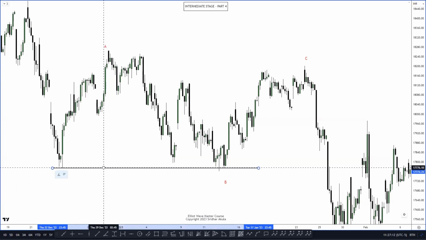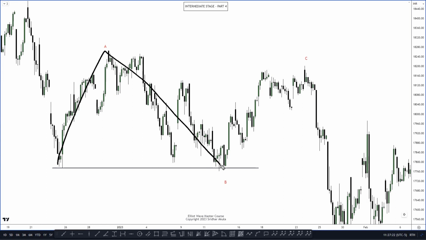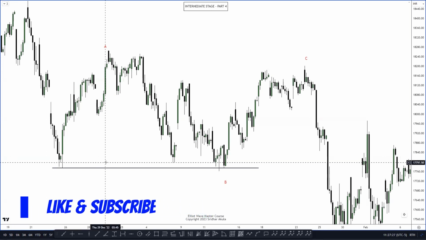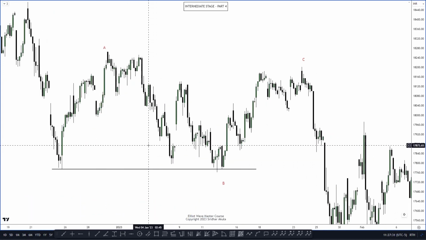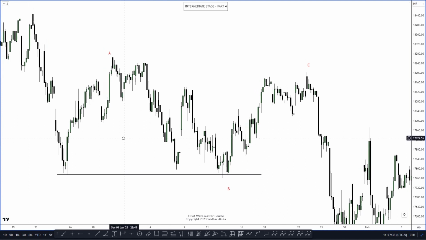Very, very simple. This is the basic concept. You know how to identify an irregular correction.